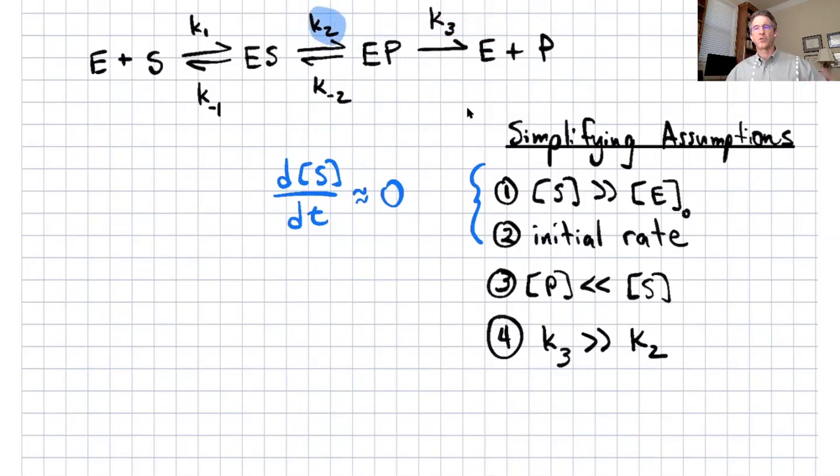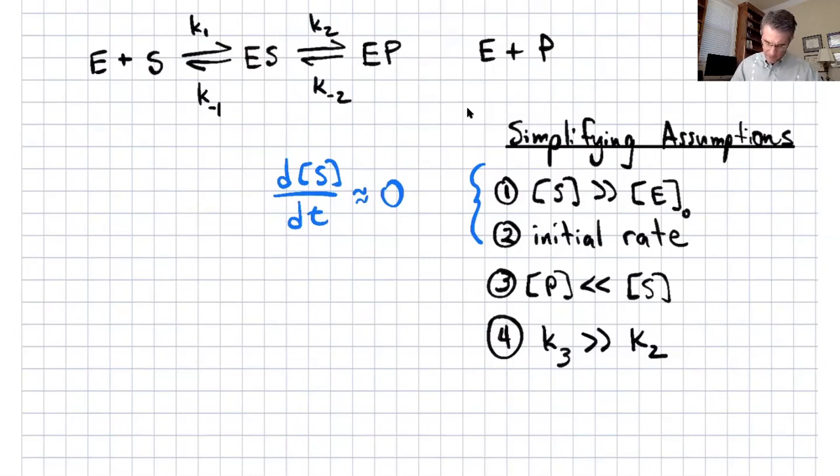As soon as chemistry has happened and makes product, if that is much slower than the rate of dissociation, then the rate at which product appears in free solution is essentially equivalent to the rate at which chemistry happens. That's kind of cool, because what that means is we can ignore this guy. All right, it's getting better.